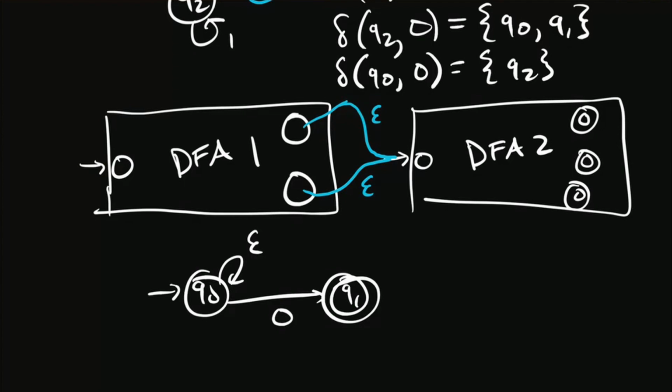Can I read the whole string? No. So are there any computations? Remember, computation means we read the entire string. So can I read all of 0, 0 here? No. If I did this, is there 1? Yeah, so we can read the whole string this way. So we could have infinitely many computations, or 0, or some number in between.